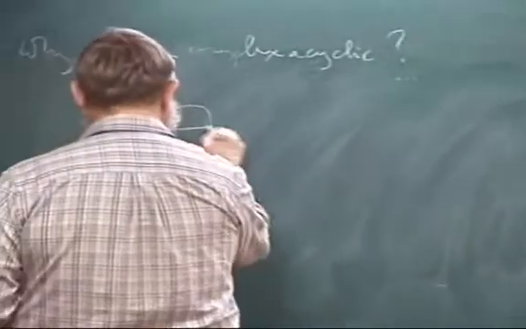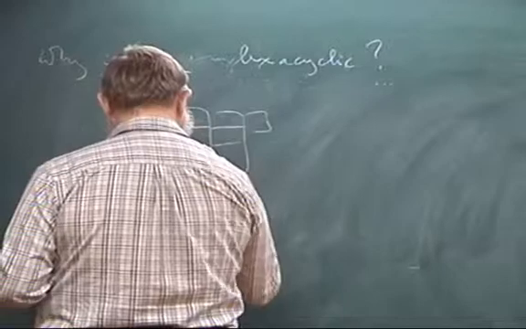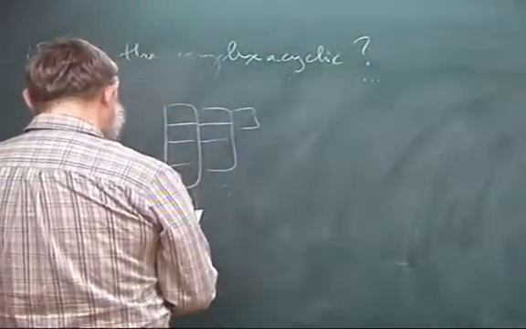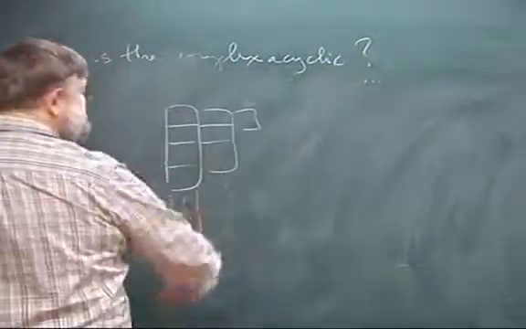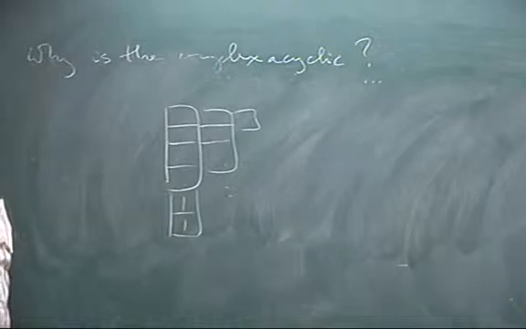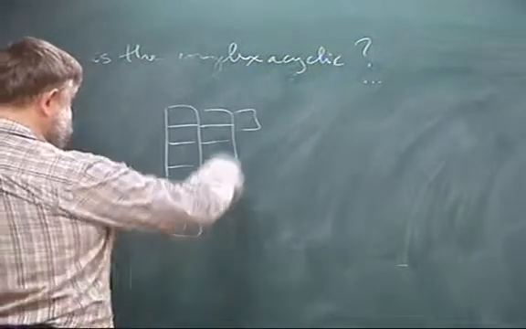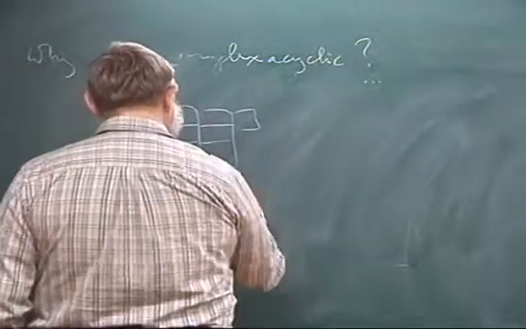So now if I take partitions that I obtain by adding a vertical strip, I have 2 possibilities.